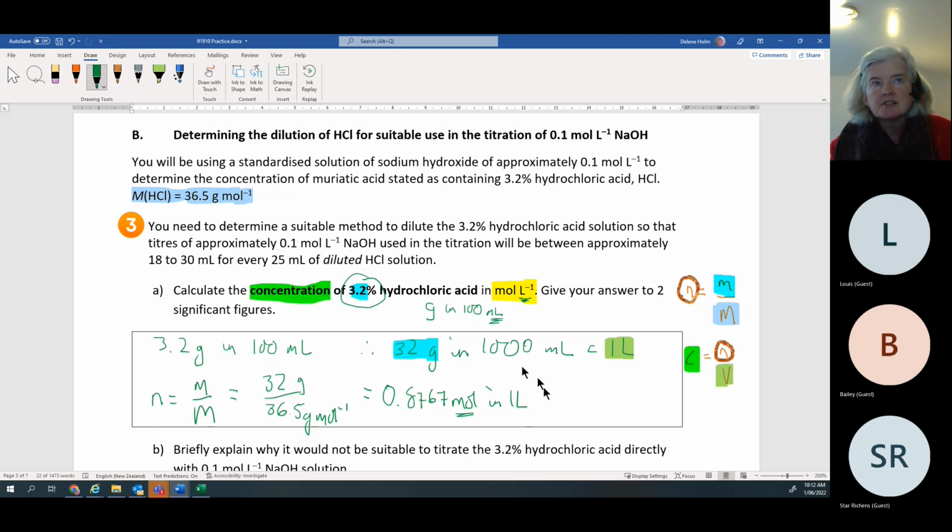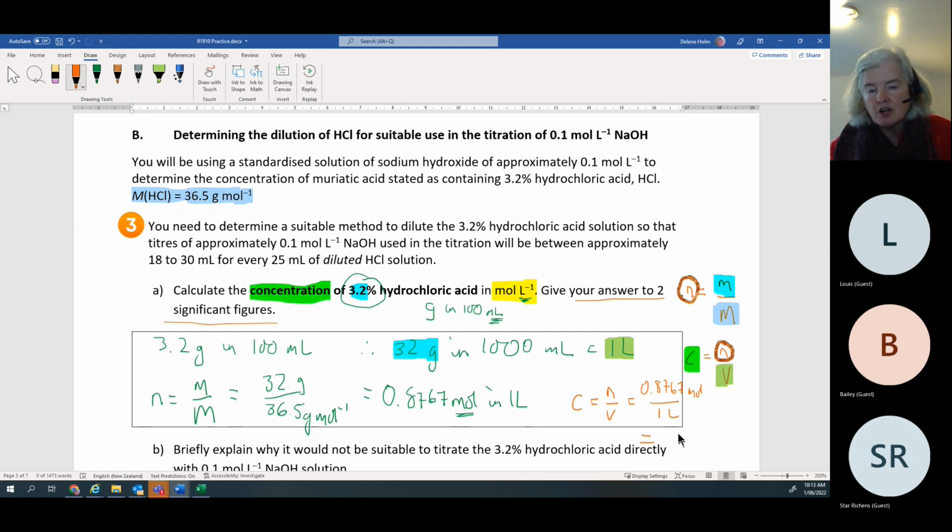So if I now did, and I'll just change the color so it stands out more clearly, C is equal to N over V. So it's really 0.8767 over 1 liter. So my concentration, and I'm running out of space, you must look at what you are told.